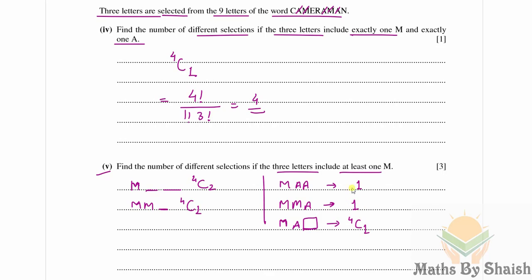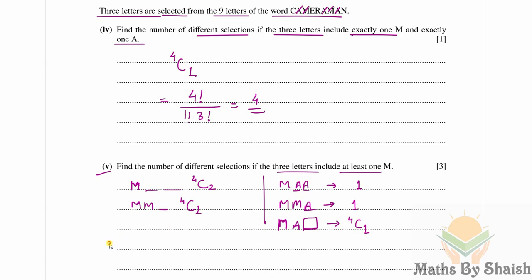So these are all the possible selections: when there is no A at all, in both the cases of at least one M and 2 M, or when these two spaces are filled by A, or this one space is filled by A, and if one place is occupied by A and the other one by a non-A value. So these are all the possible selections.